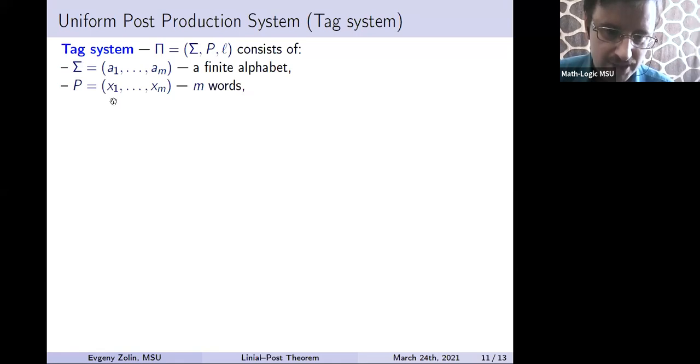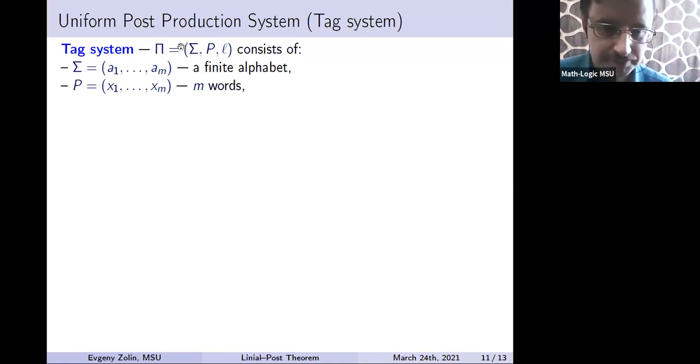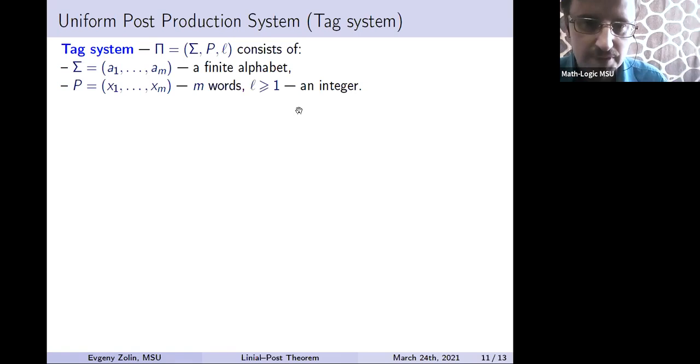And we have m words: x1 through xm are just some words over the alphabet sigma. So we have a correspondence between a1 and the word x1, up to am and the word xm. So we have m letters and m words in the alphabet sigma. And the last component, L, is just a positive integer.